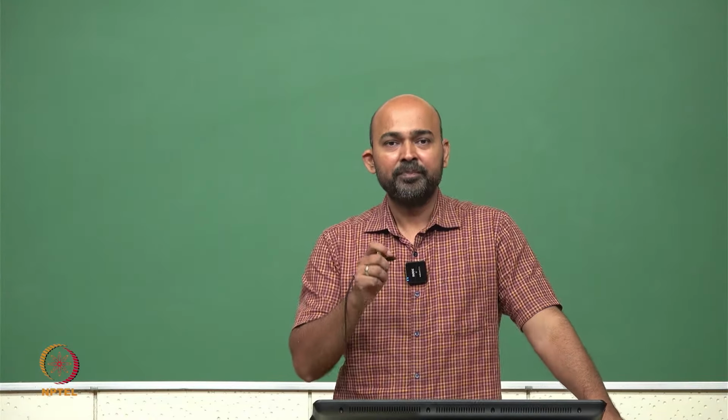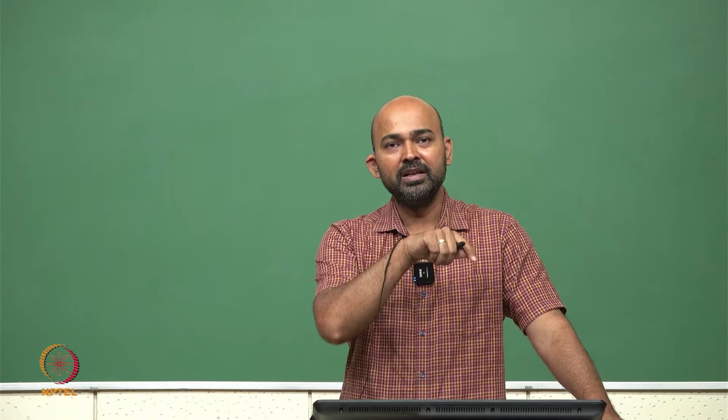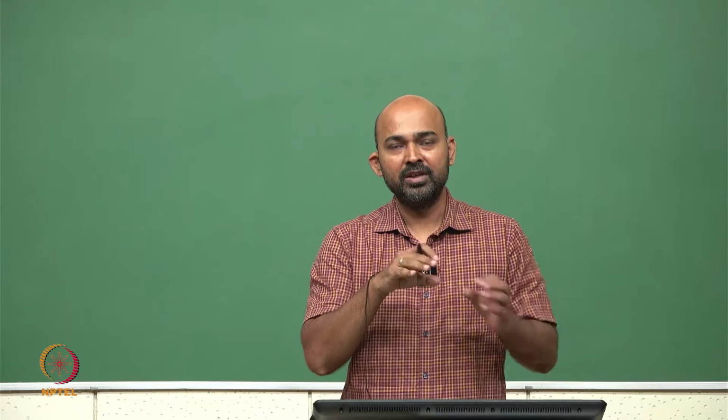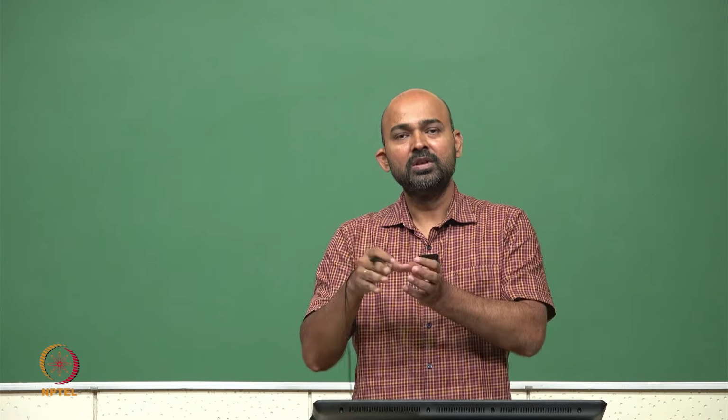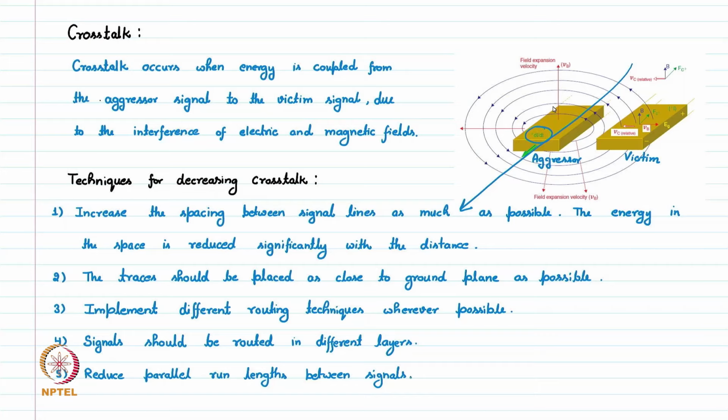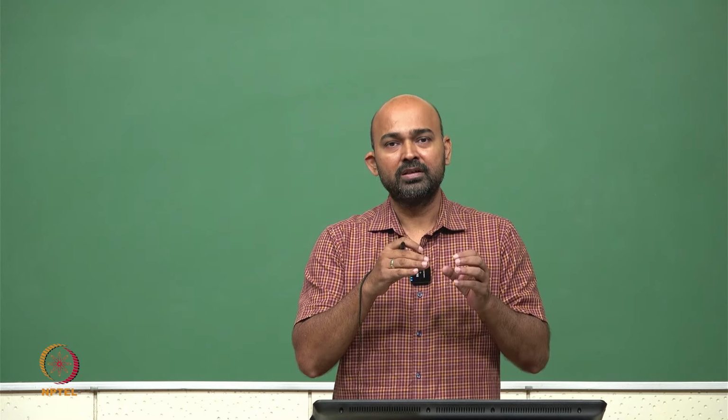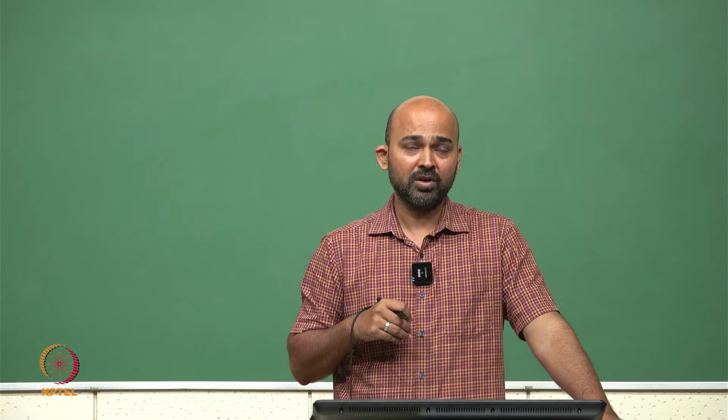In this case, if there is an electric or magnetic field developed, that will be terminated to that ground plane, and with this it will not reach the next trace, which can be a victim of this high speed signal. So putting this ground plane close to the high speed signals is one idea where we can reduce this crosstalk.